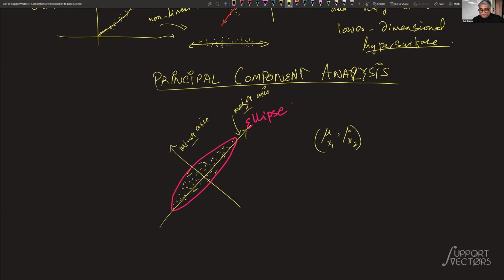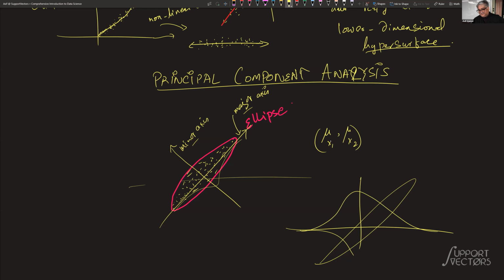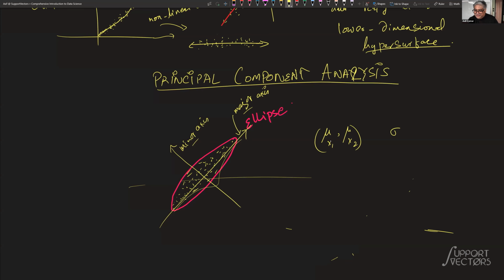At the same time, you have the spread of this data along each of the axes. So in the original axis, let's say it is this, so you will have a bell curve. Well, this is a terrible drawing, overwriting each other. Let me do a better job. Well, we went over it. Let's just say that you need to know the variance along x1, variance along x2. These were important things, isn't it?